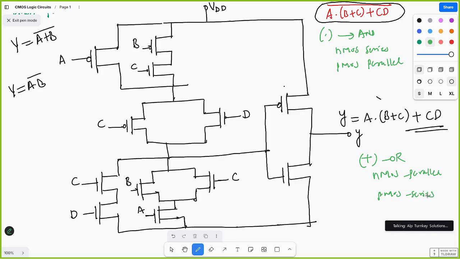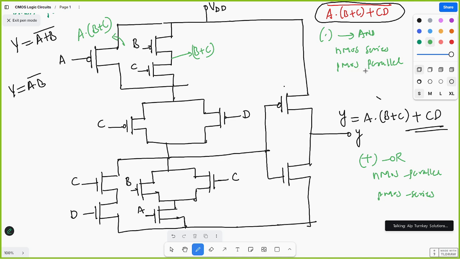Now you see, related to the PMOS, this is nothing but B OR C, because for OR operation PMOS will be in series. This whole thing, this and this, we can write as A and B OR C, because if it is an AND operation, PMOS are in parallel.